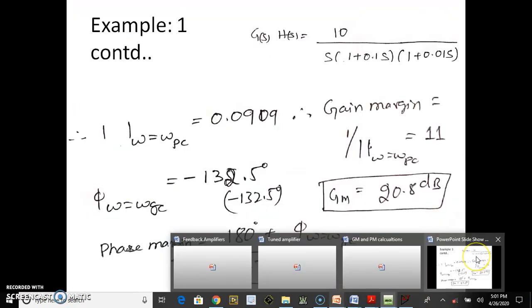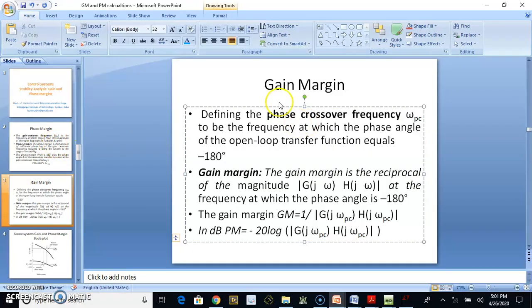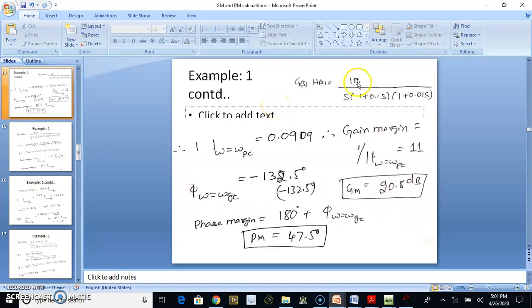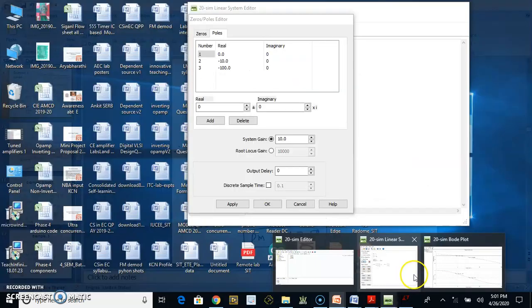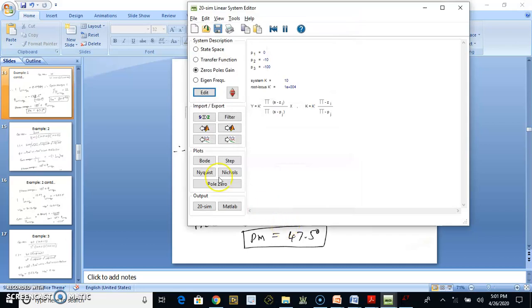Since it is in time constant form, this happens to be the system gain, which is 10. So the three poles are at 0, minus 10 and minus 100. Let me apply this and see the Bode plot.